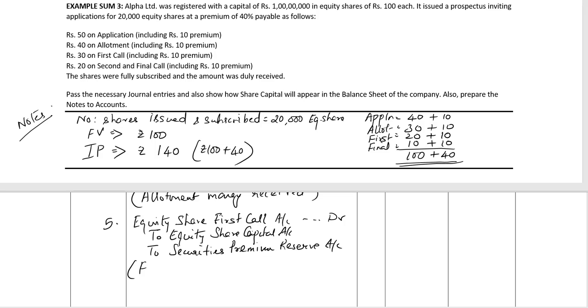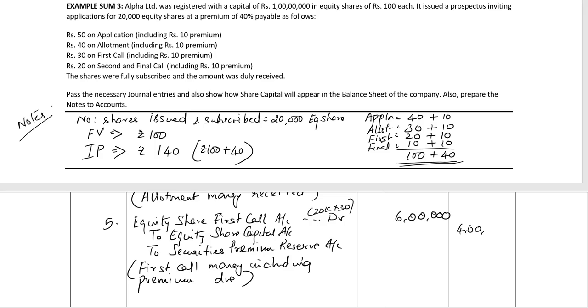Narration: first call money including premium due. The amount of the first call which is due is 20,000 multiplied by 30, comes up to 6 lakh rupees, and the amount towards equity share capital is 20,000 multiplied by 20, which is 4 lakh, and the amount towards the premium is 20,000 multiplied by 10, which is 2 lakh rupees.